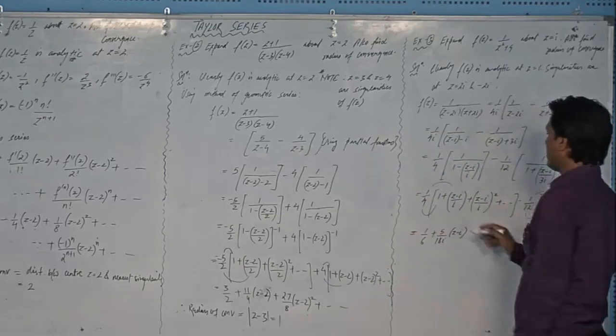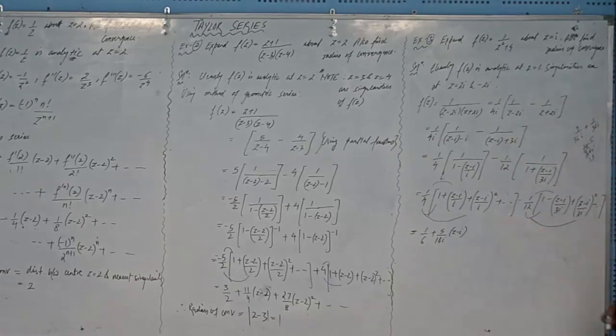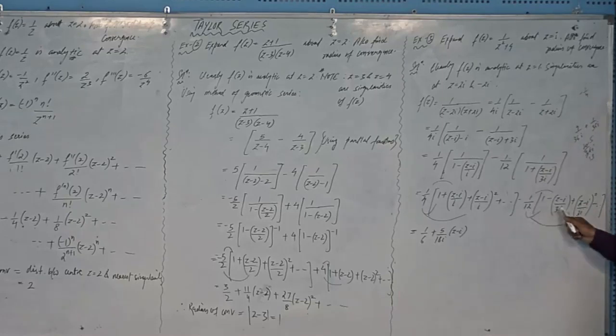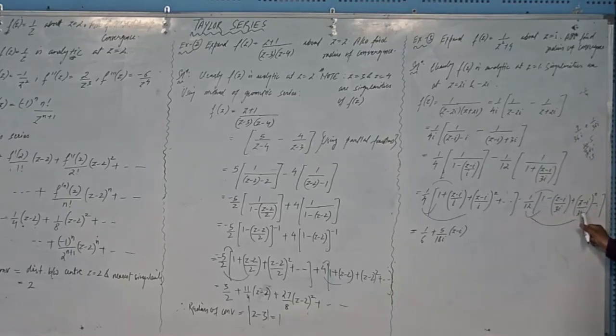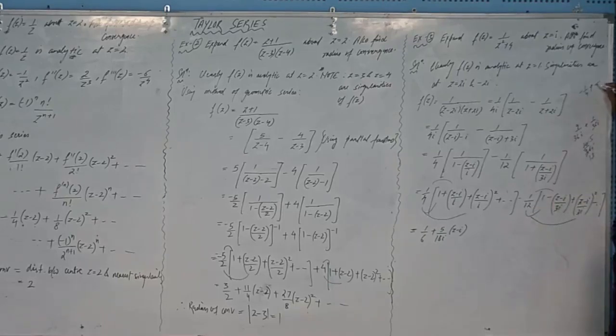And similarly for the z minus iota square term, that will give you 1 minus 1 by 4, and this will give you negative, and then iota square positive, plus 9 into 12, 108, right?